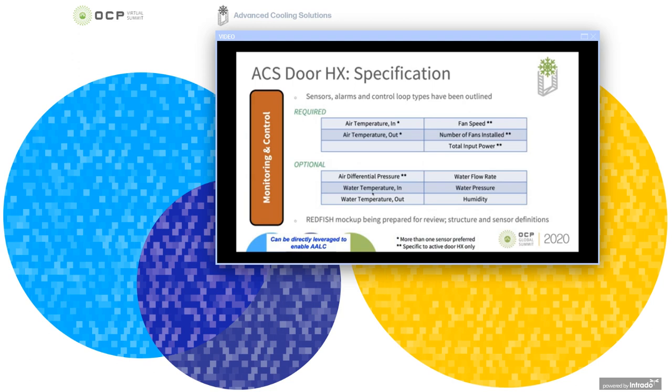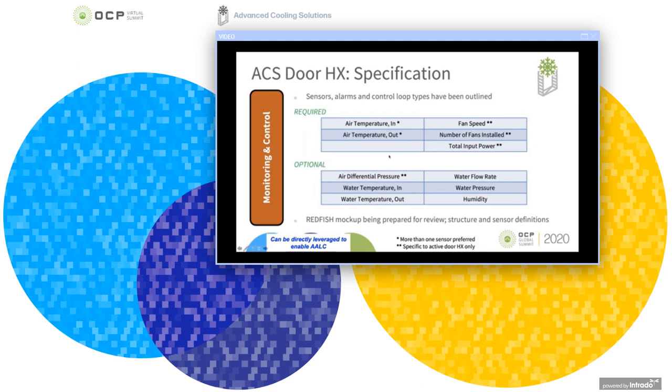Another section of the specification is monitoring and control. To ensure effective and efficient operation of the door heat exchanger, sensors and control represent valuable implementations or additions to the system.